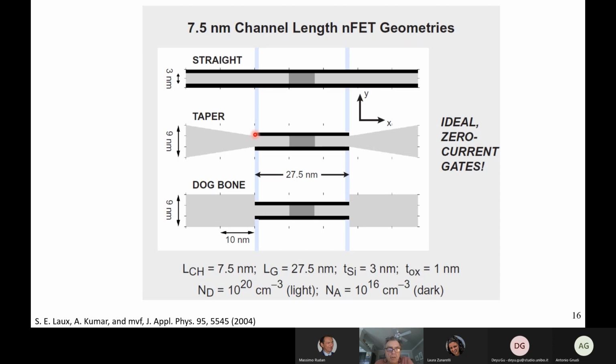And classically, you would expect this geometry to give you the worst current because of current crowding that you may have in the contacts, and this may give you instead the best scenario, classically, because you have a bigger source of electrons. Quantum mechanically, I don't think it comes as a surprise that you have exactly the opposite.